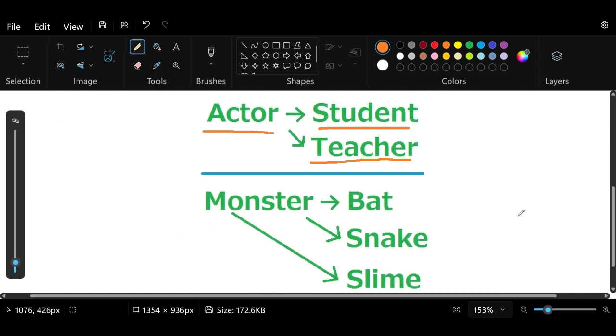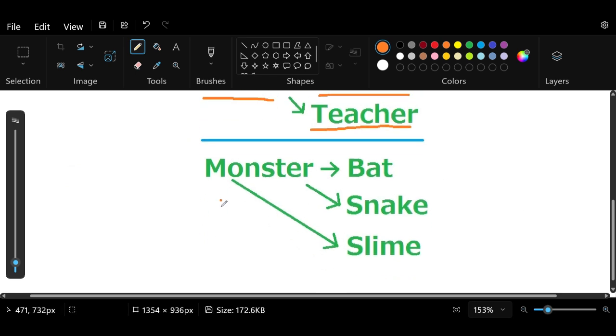Another example would be if you're creating a game where you got a monster, then the monster's attributes and behaviors, like for example, position X, position Y, would be transferred, or I think the terminology for object-oriented design is inherited by the bat. So the bat would have a position for the X and the Y axes, and the snake would have those, and the slime would have those. But the bat could have another type of behavior that would be different from the snake.